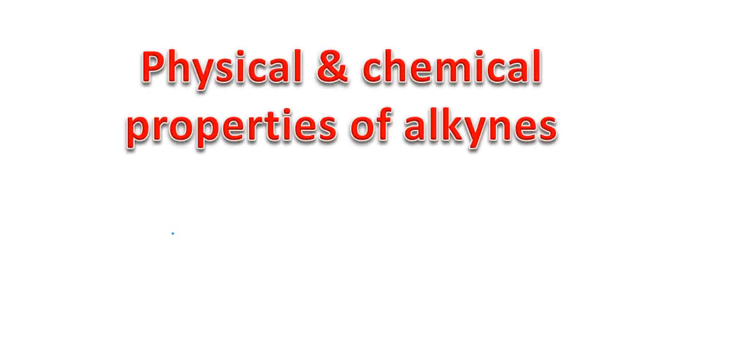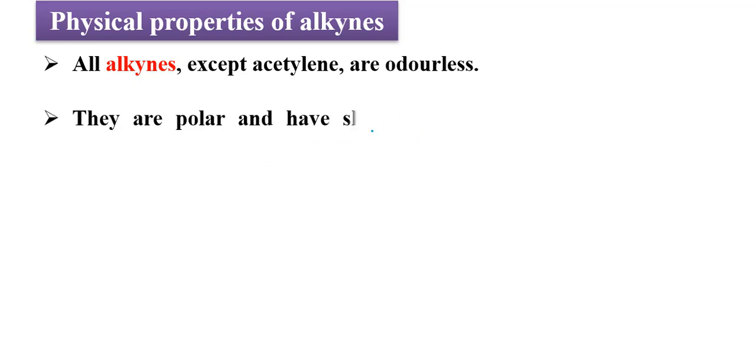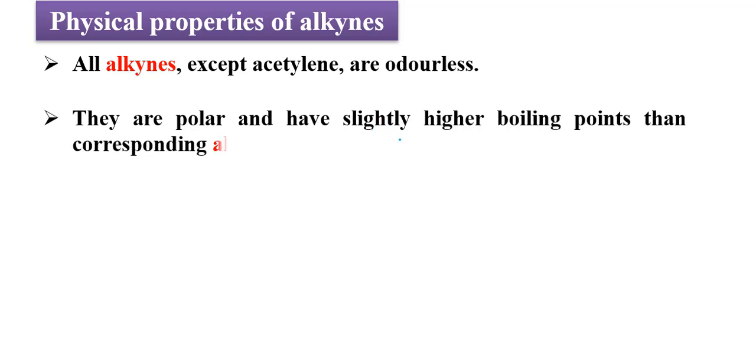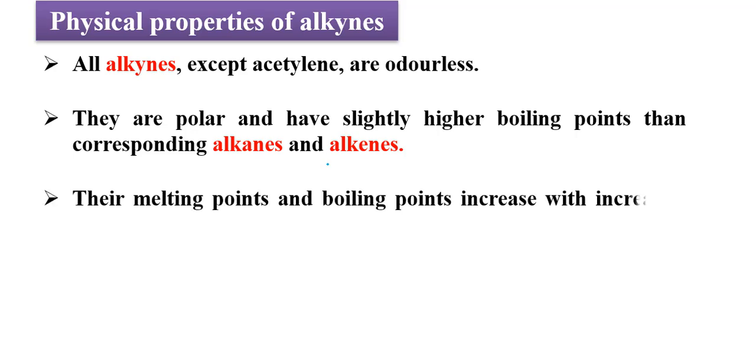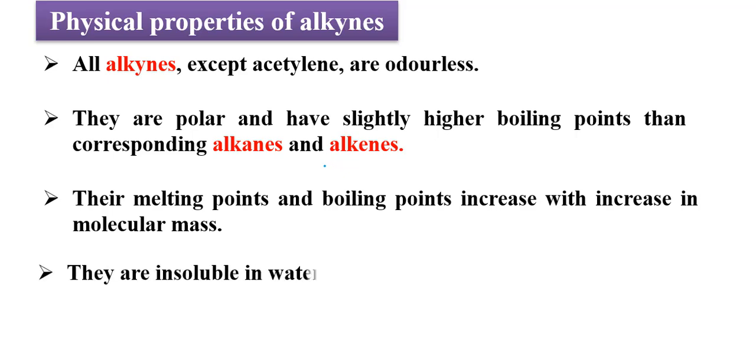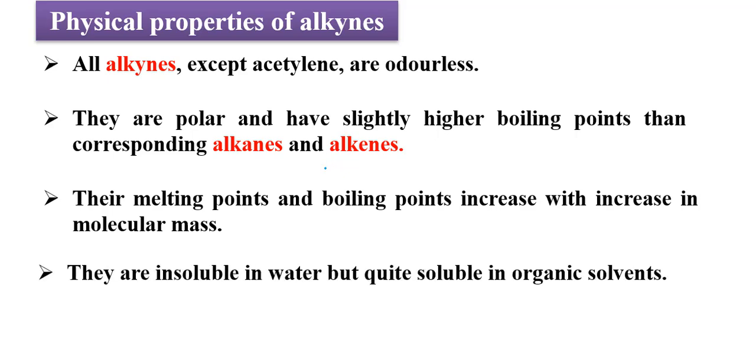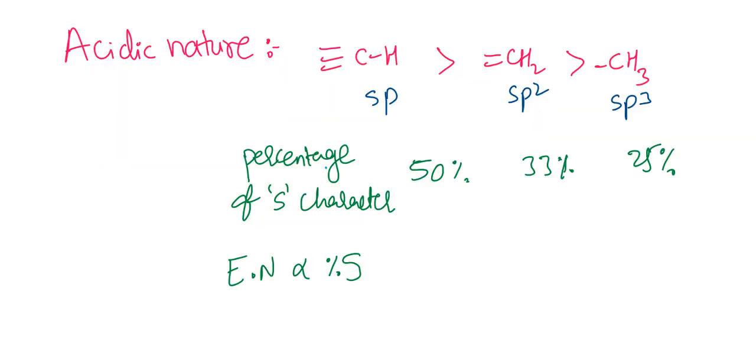Next, physical and chemical properties of alkynes. Physical properties of alkynes. All alkynes except acetylene are odorless. They are polar and have slightly higher boiling point than corresponding alkanes and alkenes. Their melting point and boiling points increase with increase in molecular mass. They are insoluble in water but quite soluble in organic solvents. They have acidic nature.